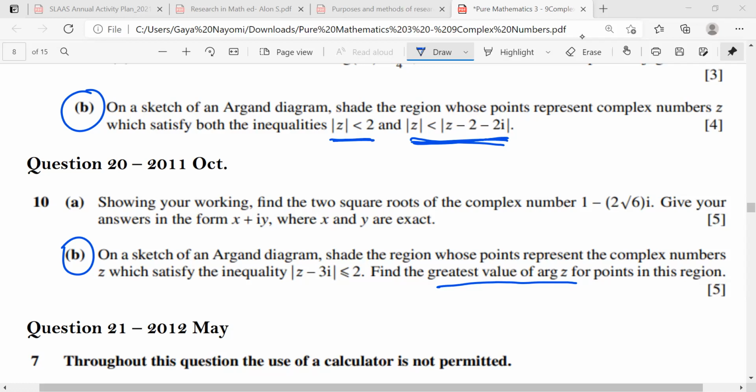I mean, this part is easy, isn't it? Why is it taking so long?